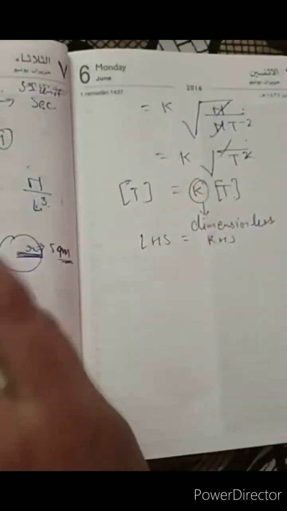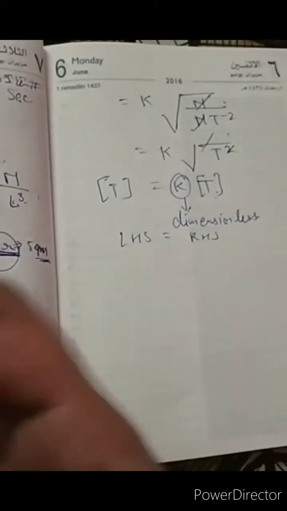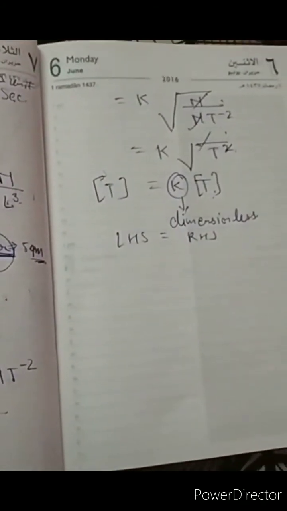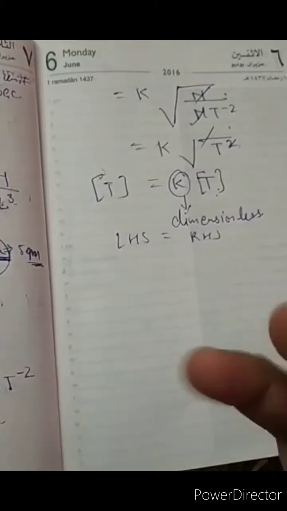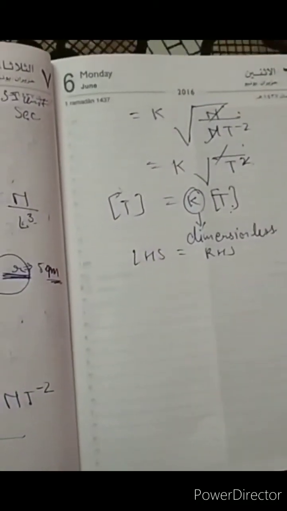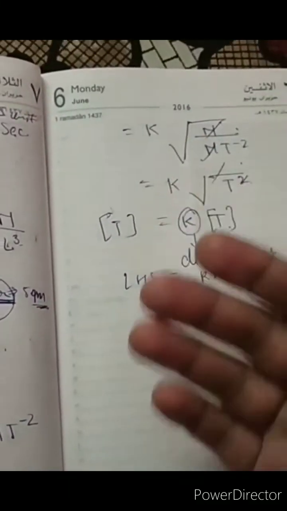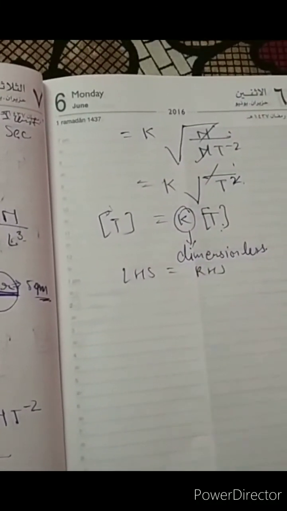So we did some numericals on error correction, on how dimension formula helps us correct our error. This helps to check whether the formula we are using is correct or not, whether it will go with our equation or not.